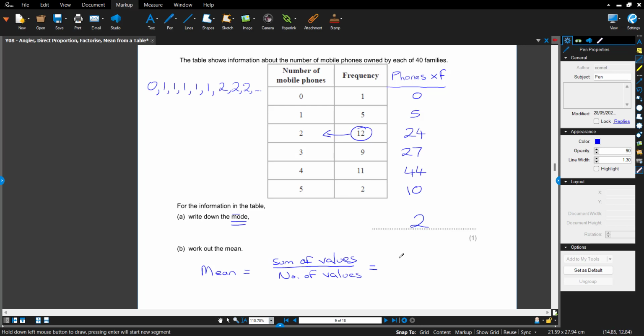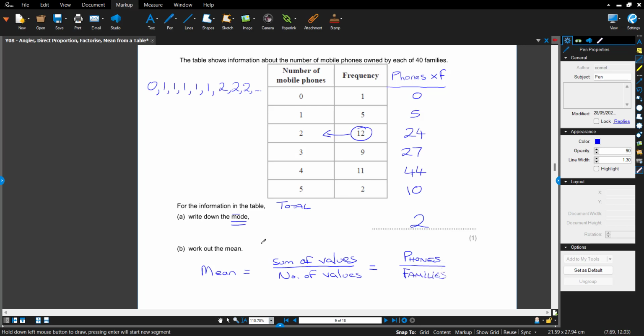So that's going to be on the top. We're going to add the number of phones together. Okay, we'll sum the phones. So at the top is going to be the total phones, and the bottom is the number of families.